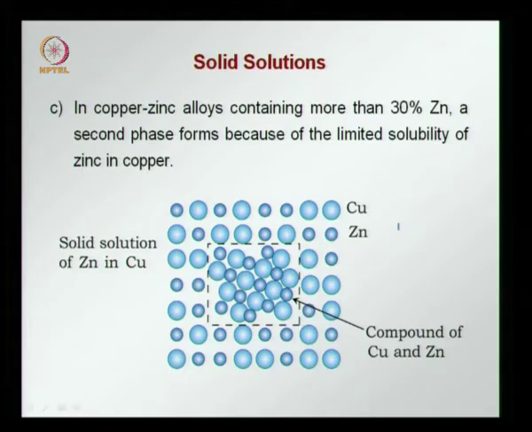This phase is a compound of copper and zinc. This separates from the solid solution of copper and zinc and can be identified as a separate phase, and this occurs when we have a high content of zinc beyond a certain limit, in this case 30%.